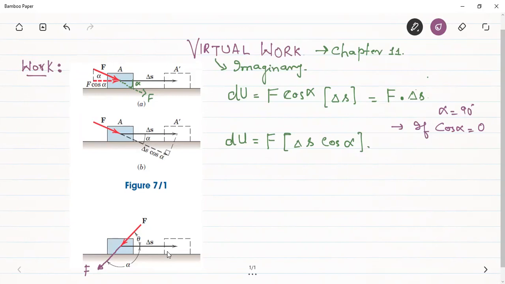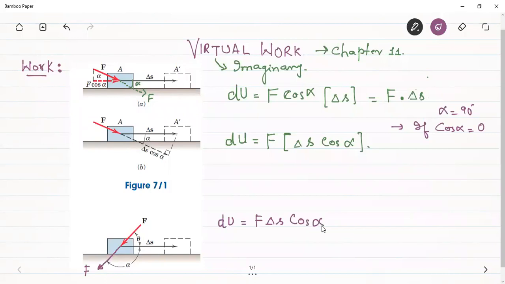What is the angle between the force and the displacement here? It is alpha, not theta. Therefore, the work done will again be F delta S, with the angle between the force and displacement being alpha, that is F delta S cos alpha.